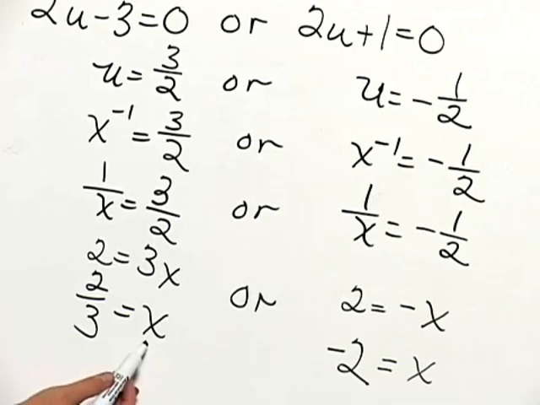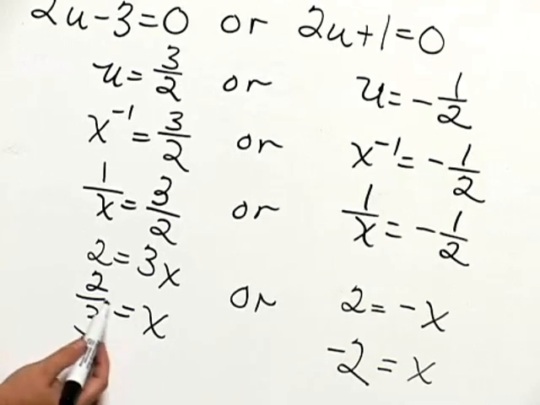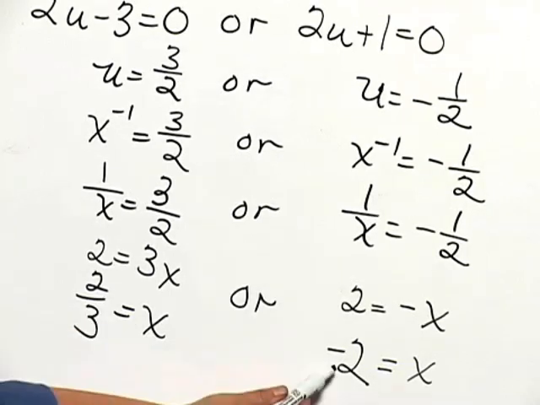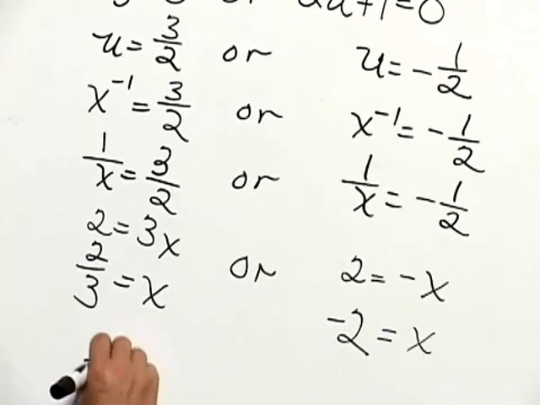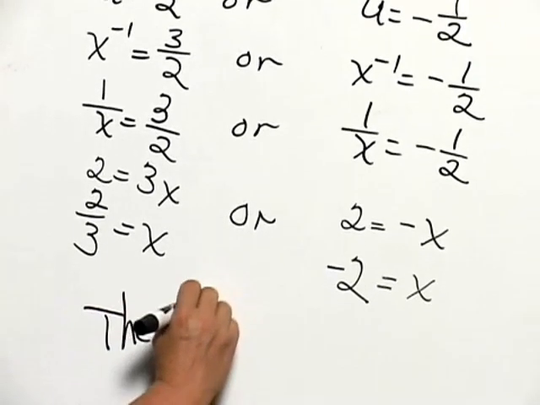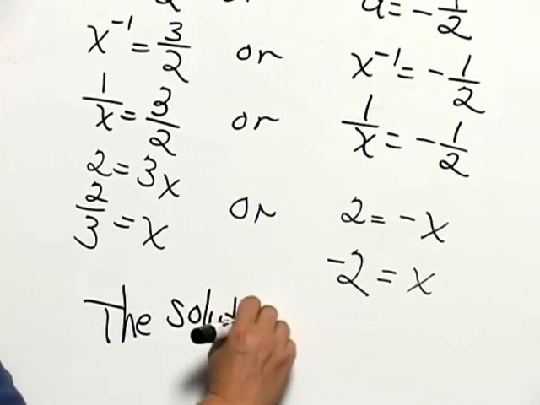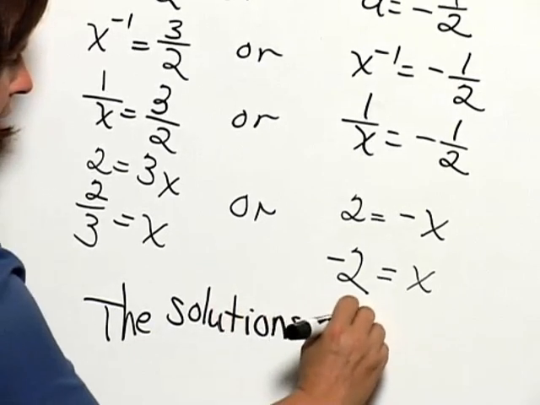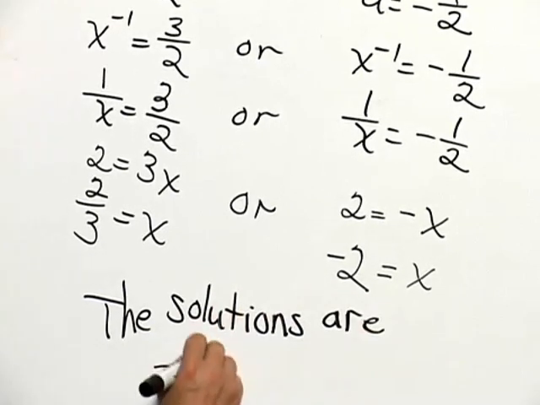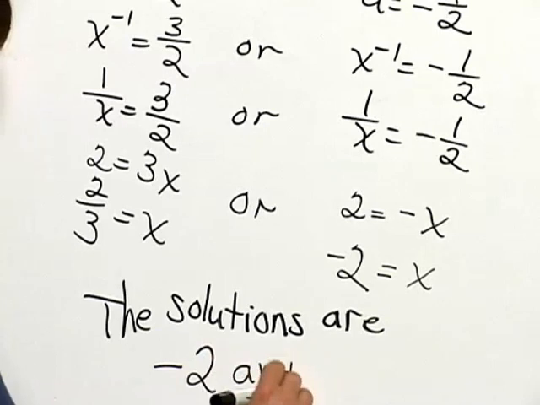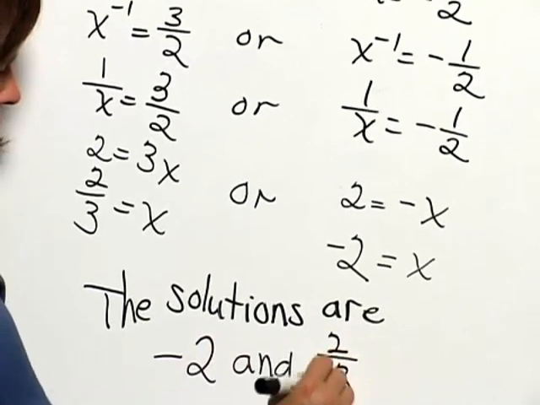Now we have solved for x. If we would substitute 2/3 and negative 2 for x in the original equation, we'd find that they check. So we can state then that the solutions are negative 2 and 2/3.